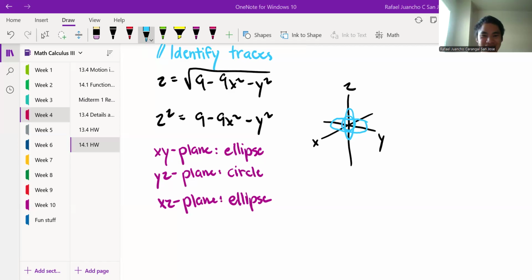That's fun. Oh, so I have to find the x-intercept, the y-intercept, and the z-intercept of this whole shape. That's not fun. Okay, let's... that's fun.